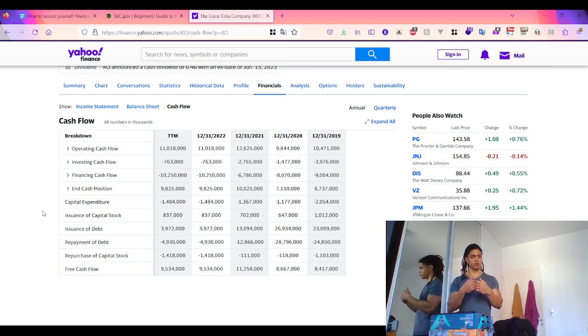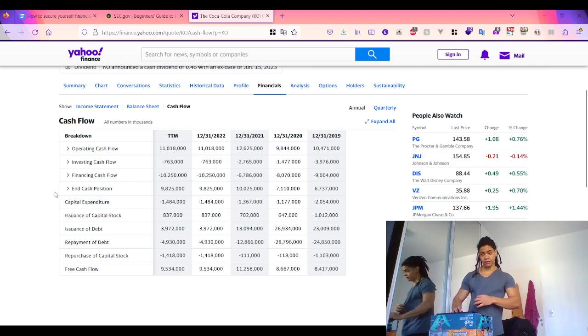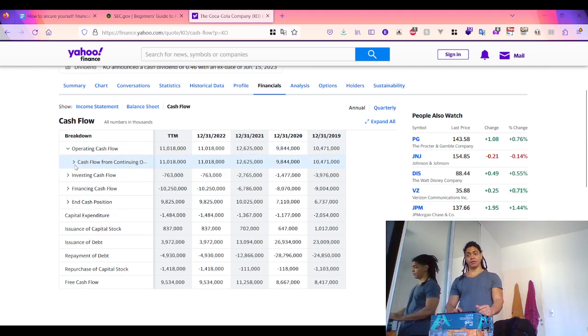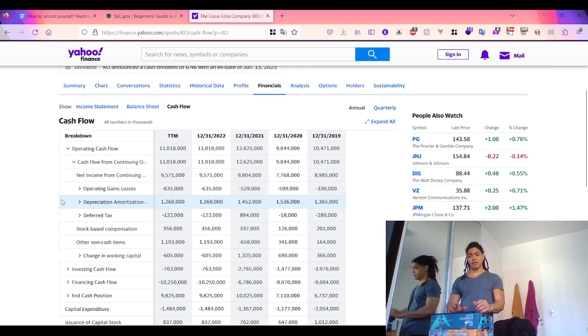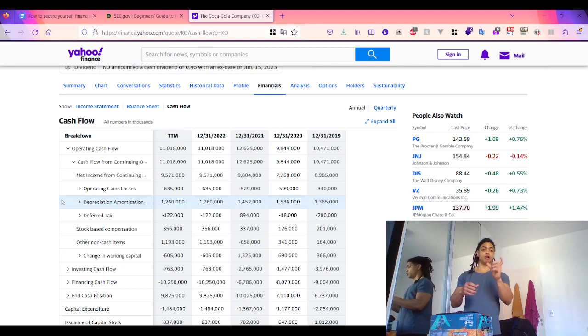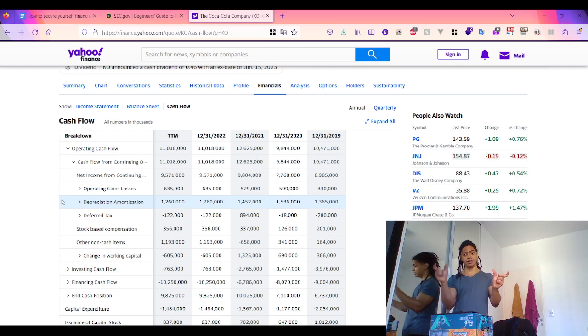So what are the most common operating activities? Well, the common operating activities are operating assets and operating liabilities.